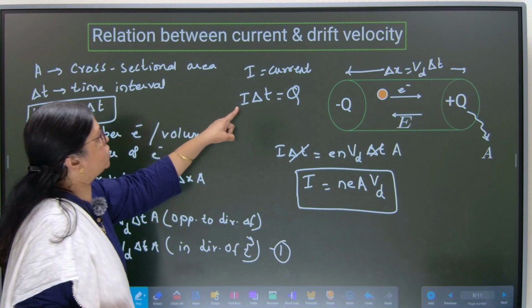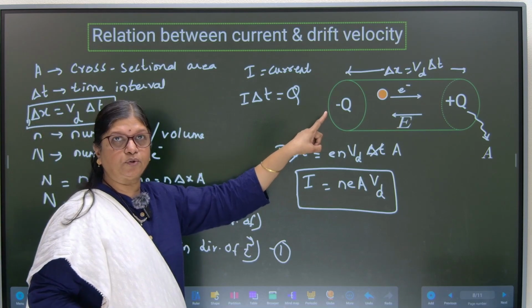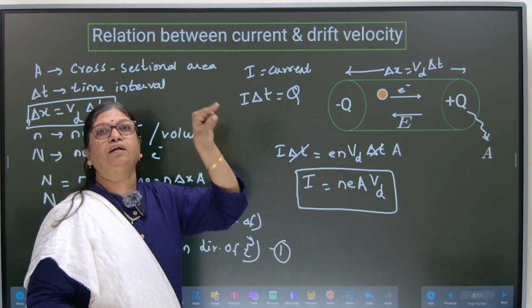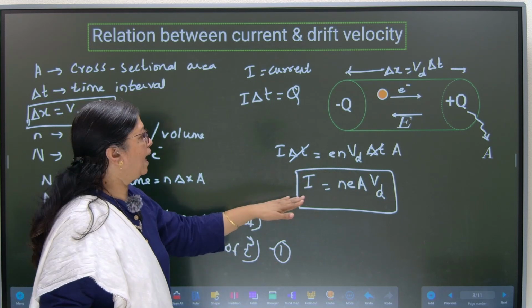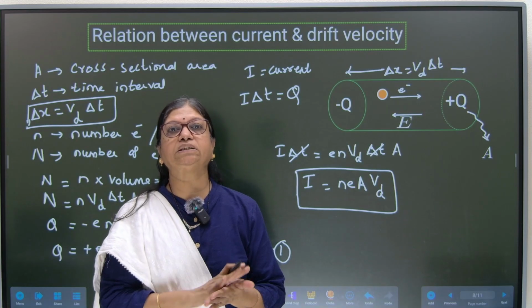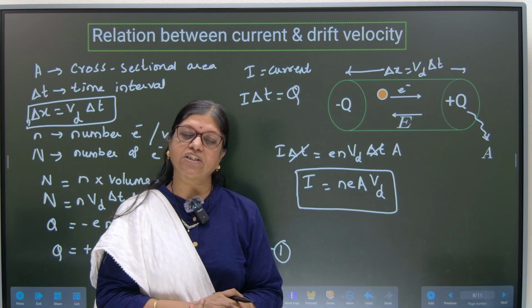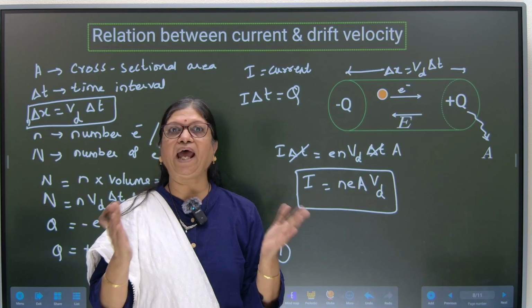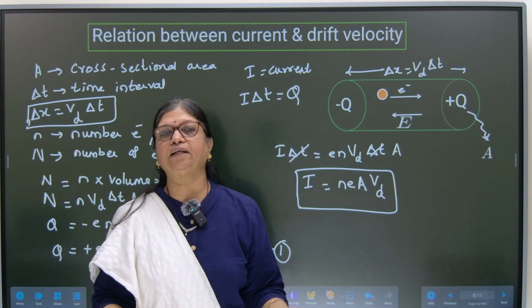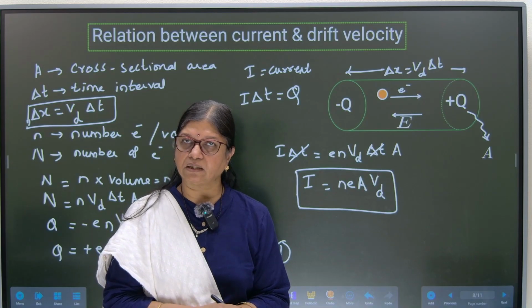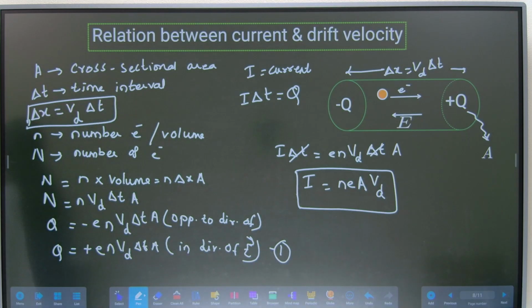But by definition, I delta t is equal to Q. Substituting Q from here, we get this equation. Delta t cancels and I is equal to neAVd. Fine. So this is the derivation which is important again from the board point of view, and the formula is definitely important for the entrances of JEE and NEET. So I shall just move and you please take a pic of this.